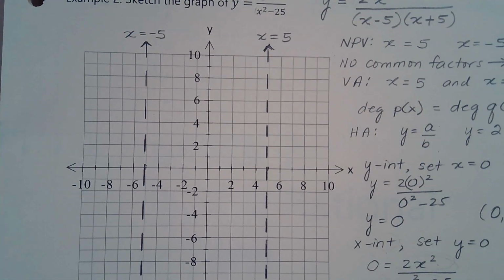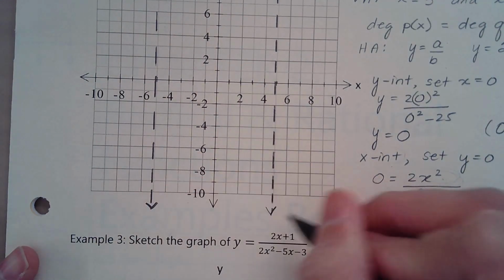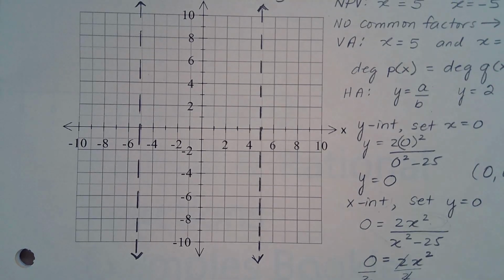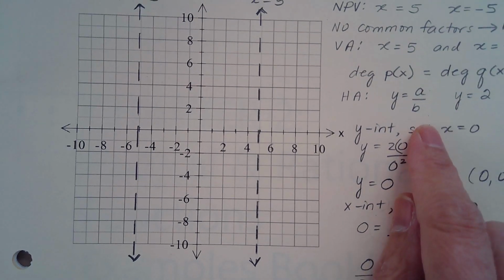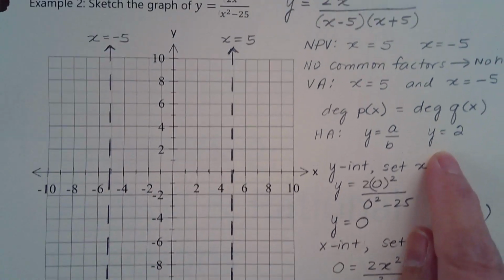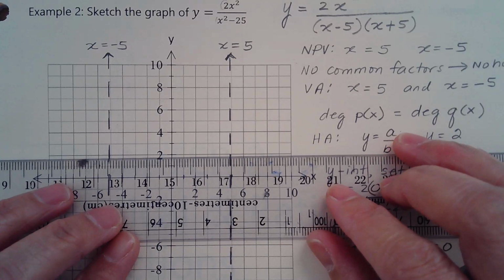Okay, good. So I did the arrow also at the bottom. Now we're going to do the horizontal asymptote, and we said the horizontal asymptote is y equals 2. So it's this one.